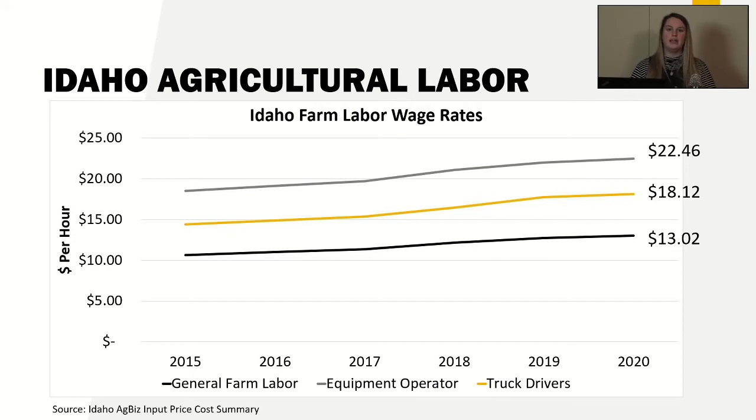Even though we had unemployment, which I will show in the next slide, it was still hard to get people to participate in agricultural production or find good, reliable labor during this time of uncertainty. And so you can see that that's reflected in higher wage numbers for general farm laborer, equipment operator, and truck drivers. So all of them increased.